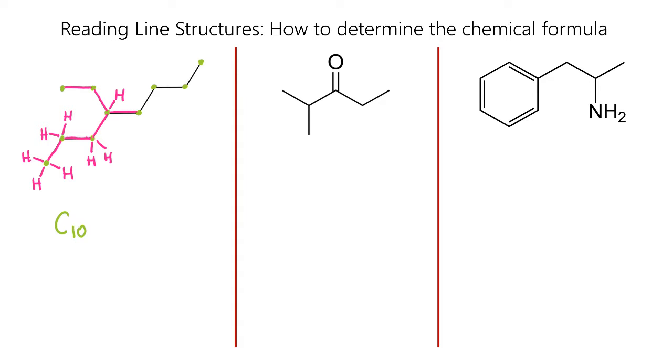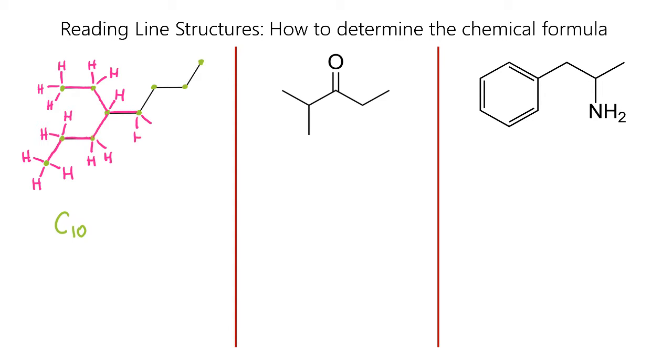Analyzing this, you can see that every complete end will have 3 hydrogens. A carbon that is in between 2 bonds would have 2 hydrogens. A carbon that is connected to 3 other carbons, or has 3 other bonds, would have 1 hydrogen there.